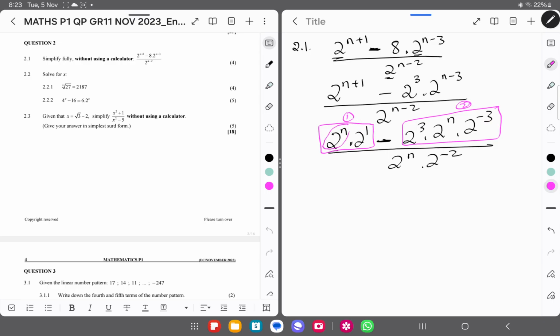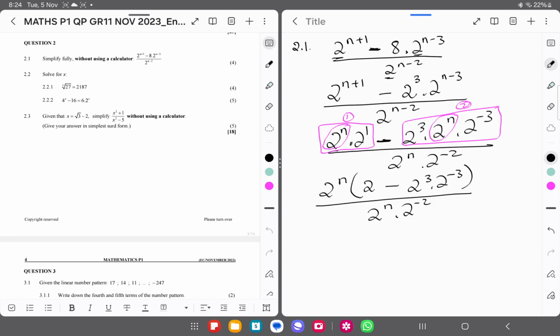I see that 2 exponent n, and this one also. So that is common in both, so I take this one out. On this side, when I take it out, I'm left with 2 exponent 1, which is 2, minus 2 to 3 times 2 to minus 3. Underneath, I don't need to take a common factor. There's no plus, there's no minus. So it's 2 exponent n times 2 to minus 2, because it's only one term in my denominator.